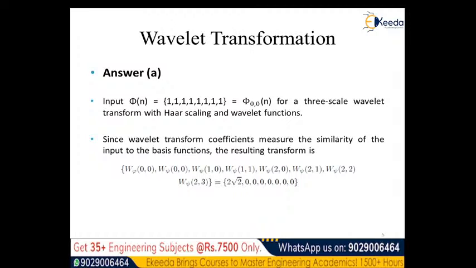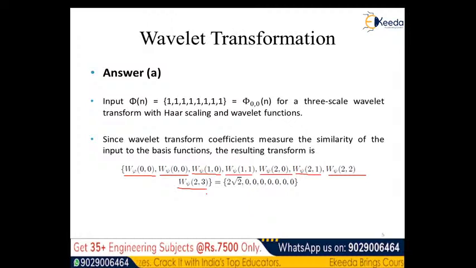In a set, the first element is W suffix phi as a function of 0 comma 0, the second element W suffix psi as a function of 0 comma 0, then W suffix psi 1 comma 0, W suffix psi 1 comma 1, W suffix psi 2 comma 0, further W suffix psi 2 comma 1, then W suffix psi 2 comma 2, and lastly W suffix psi 2 comma 3.